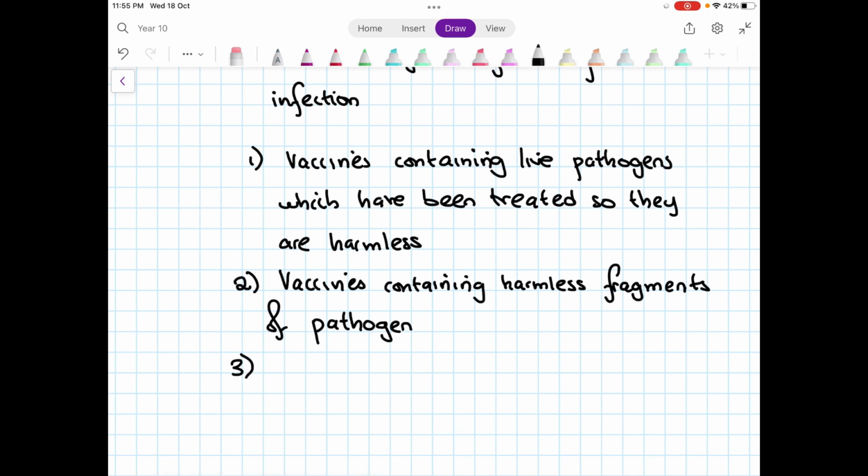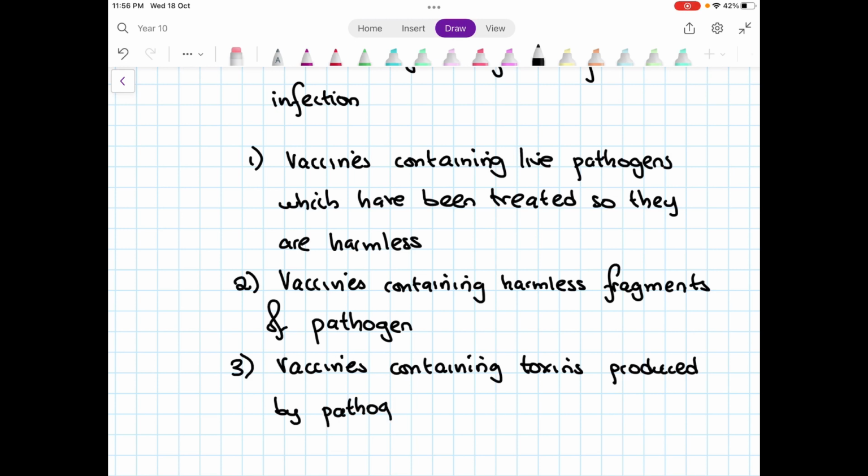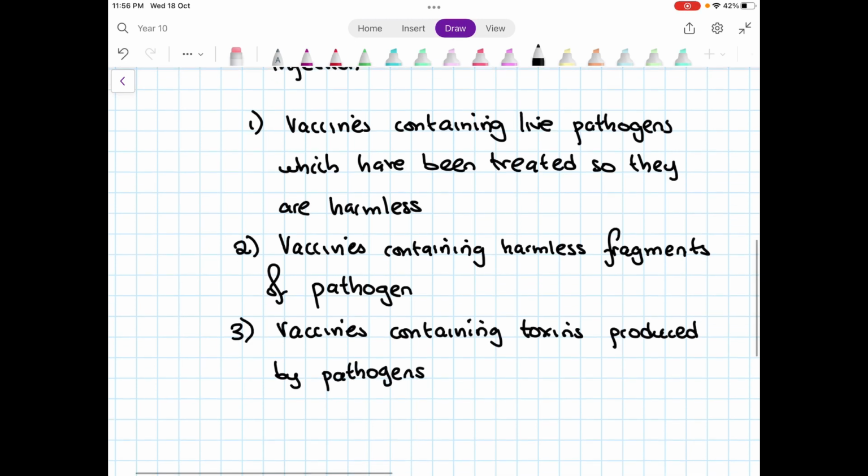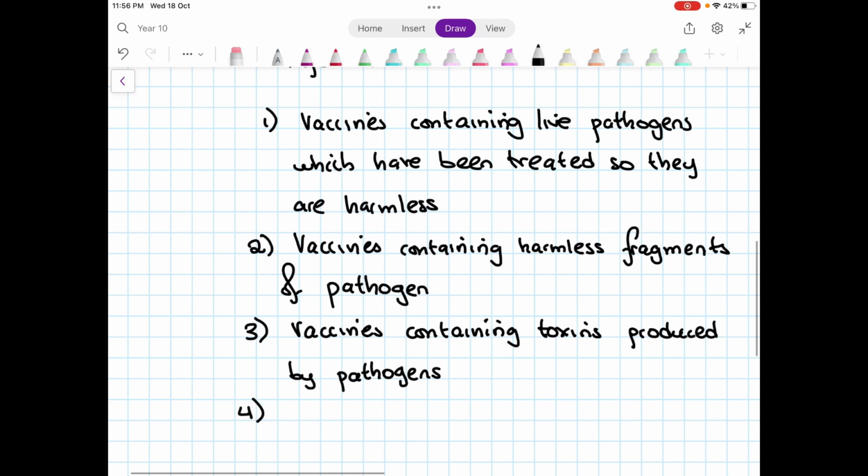The third method that we could have vaccines are vaccines including toxins, which are produced by pathogens. And we could also have dead pathogens in vaccines.